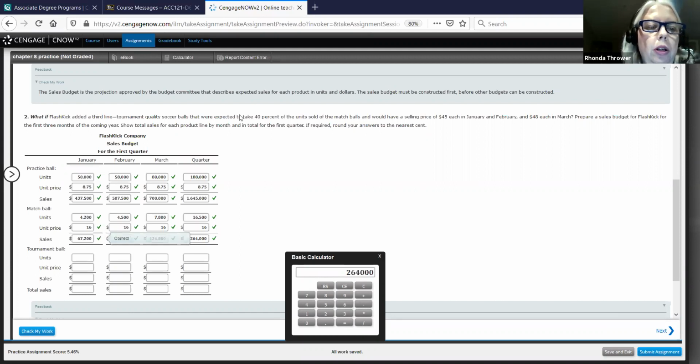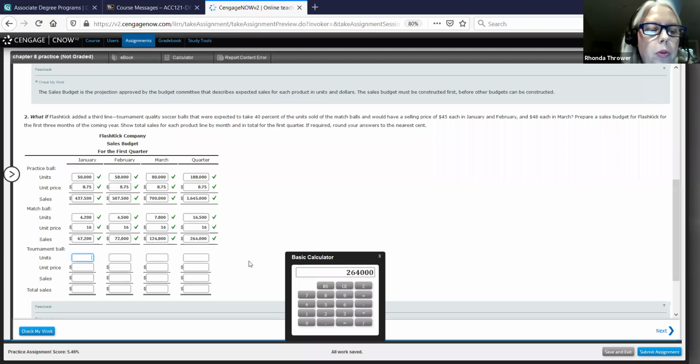So again, read your instructions because it tells you information that you need, obviously. 40% is going toward the new soccer balls, which are going to be called tournament balls, 40% of the match balls. So that's why I had to multiply by the complement of 60% to get what the match balls had remaining.